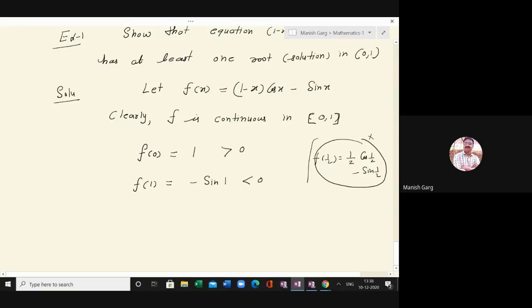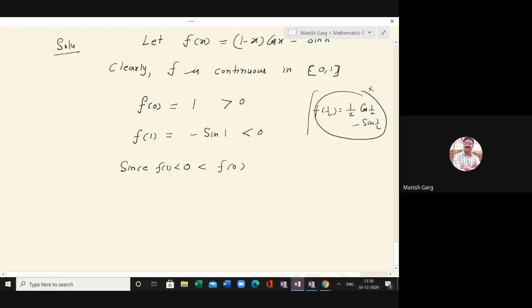So it means since f(0) is positive and f(1) is negative, 0 will lie between these points. So by IVP, f is continuous between 0 and 1 and 0 lies between f(1) and f(0).